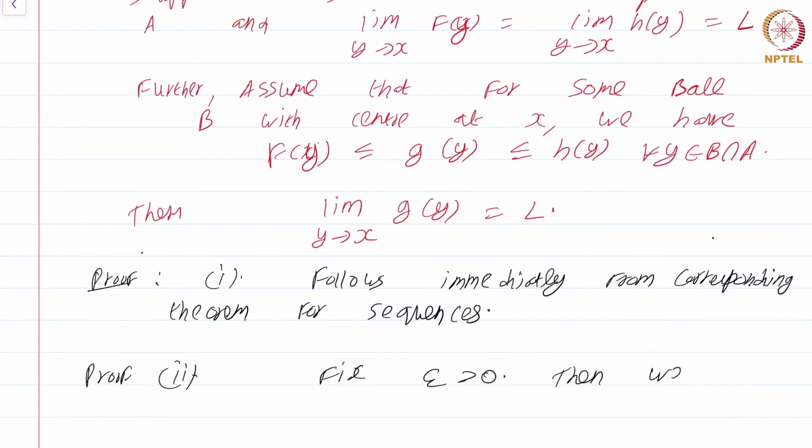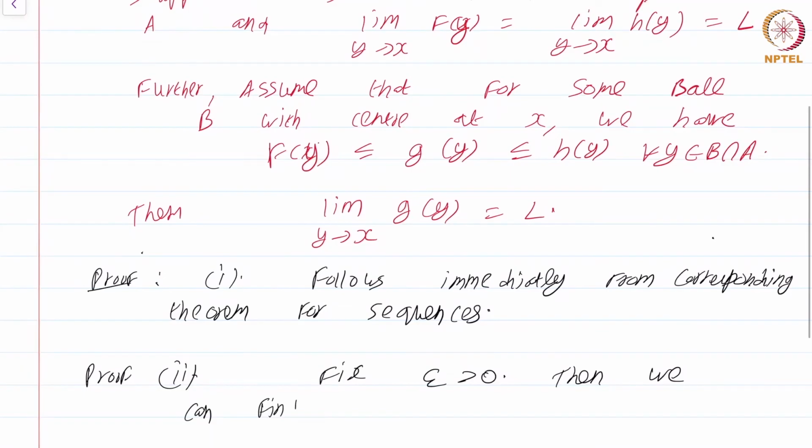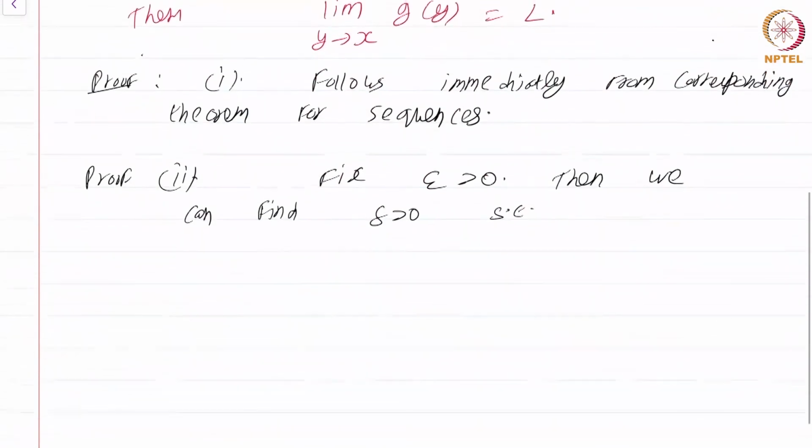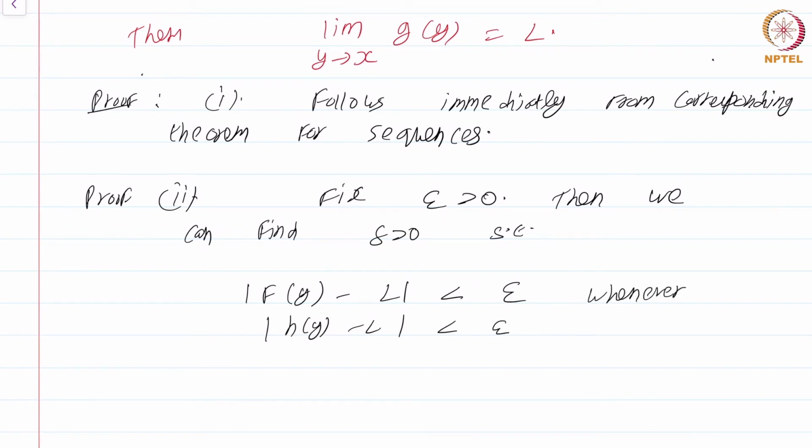Then we can find delta greater than 0 such that mod f of y minus L is less than epsilon, and simultaneously mod h of y minus L is less than epsilon, whenever 0 is less than mod x minus y is less than delta.